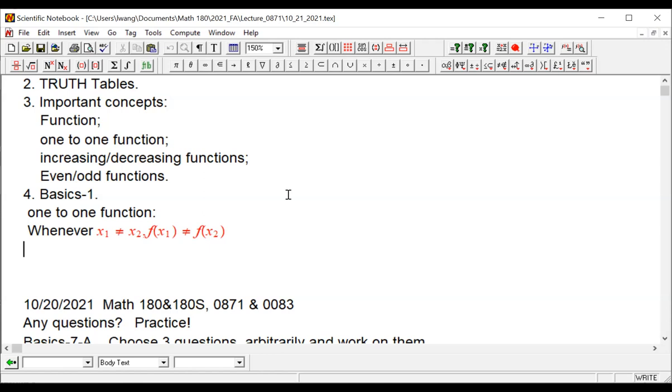Horizontal line test means a horizontal line is drawn arbitrarily and crosses the curve no more than once. That makes it a one-to-one function. So to be a one-to-one function, first it has to pass the vertical line test, and then it passes the horizontal line test. That's the visual.